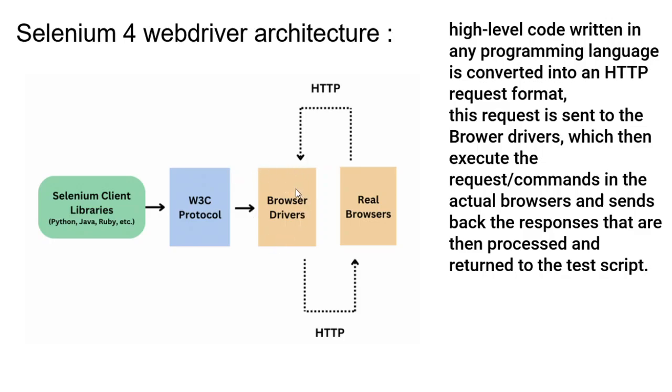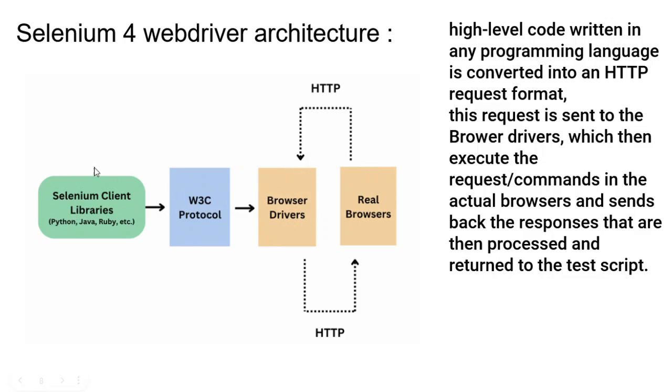Browser drivers are standalone executable .exe files like chromedriver.exe, geckodriver.exe, msedgedriver.exe, which help with the browser interaction. If you have worked with Selenium, we know that we have to download these browser driver executable files in our project. And they basically control the browsers. So these are called browser drivers.